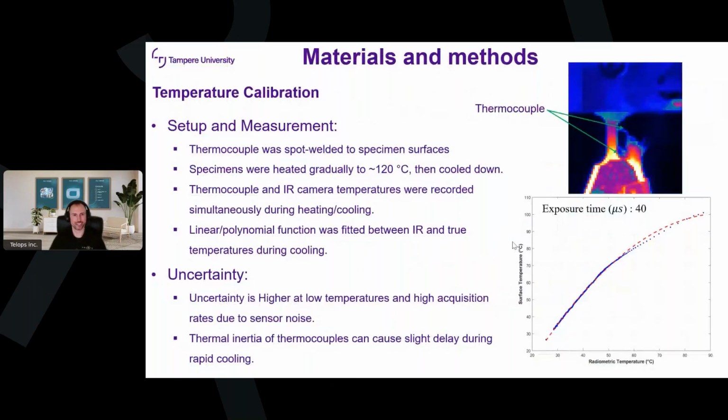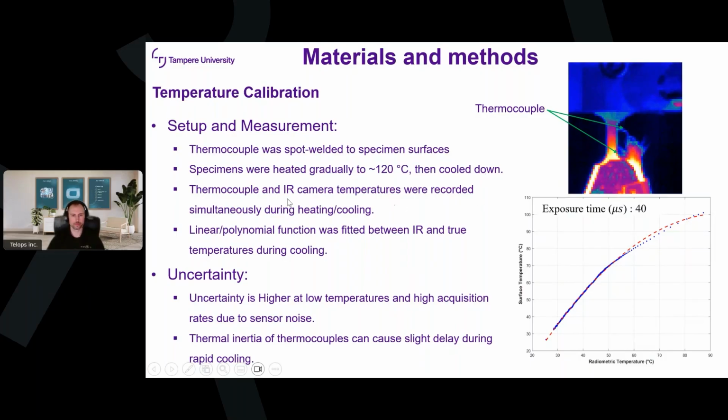Before testing, we had the calibration on the IR temperature. We used a thermocouple, as you can see in this figure. We mounted the thermocouple through spot welding, and we increased the specimen's temperature to almost 120 degrees and let the specimen cool down.